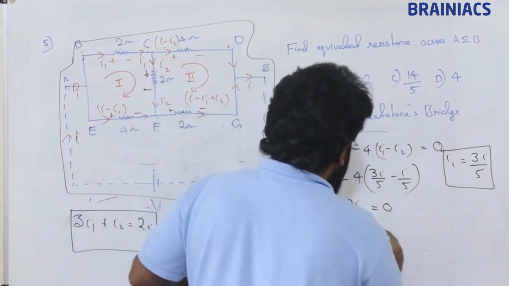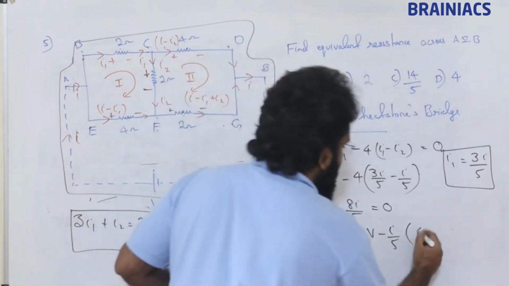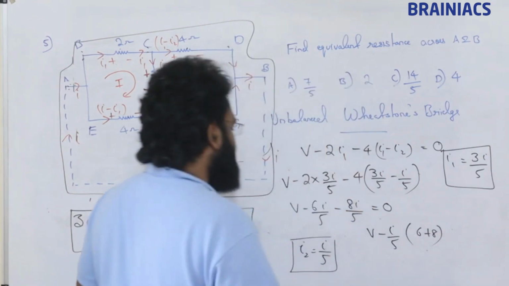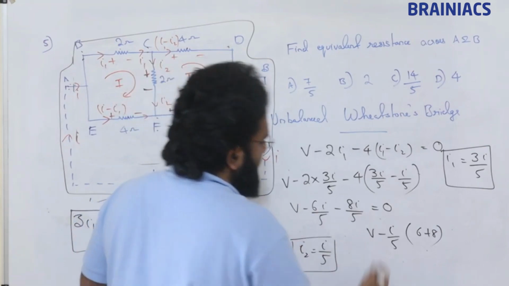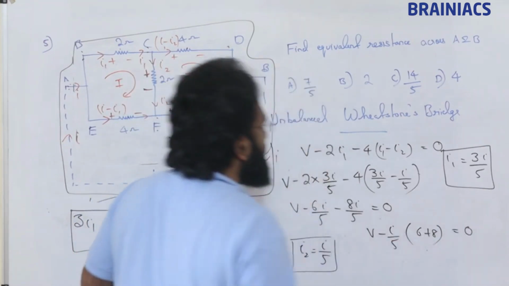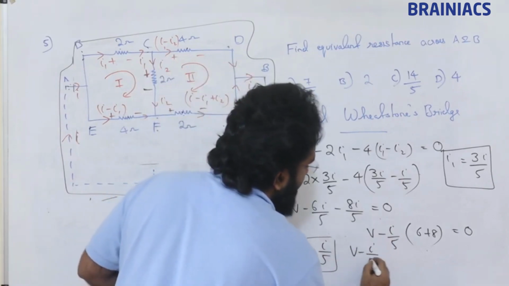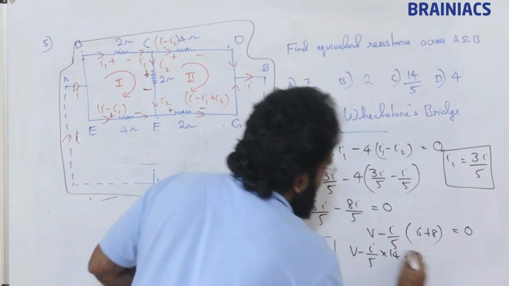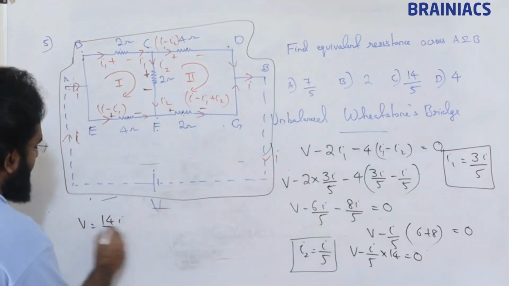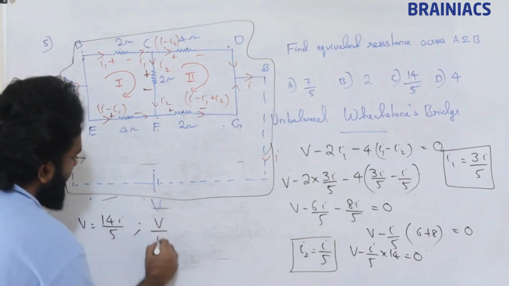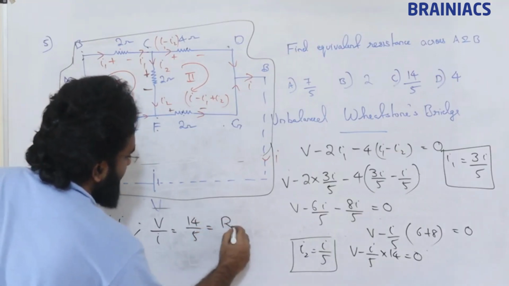Taking minus I by 5 outside, this will become 6 plus 8. So V minus I by 5 into 14 is equal to 0. So V is equal to 14I by 5. So V by I is equal to 14 by 5, which is nothing but R equivalent.